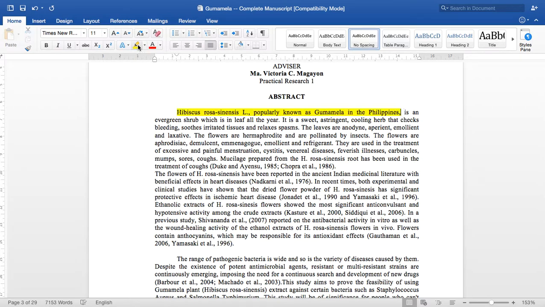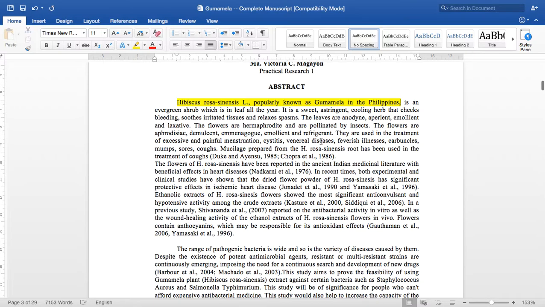This one, and then okay, this flower and okay. So this one can be highlighted. Remember, in abstract, you don't need to put the citation.